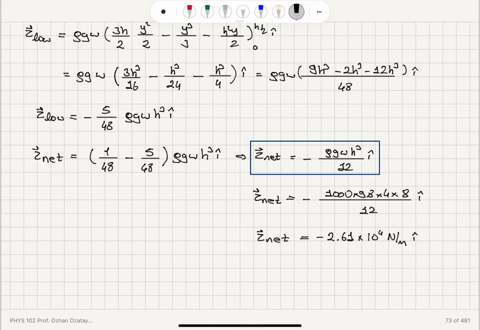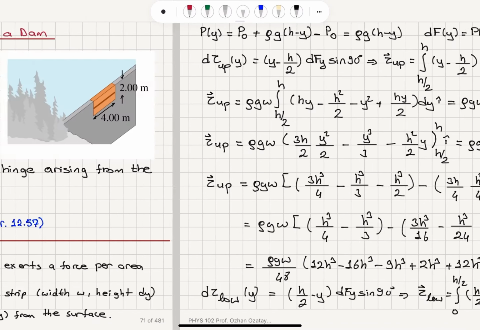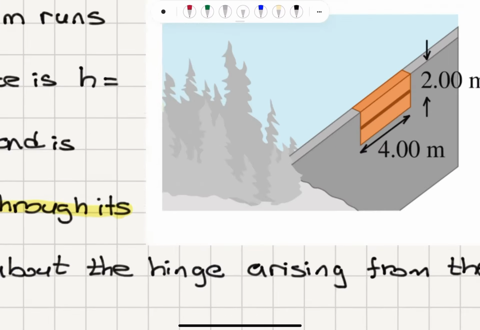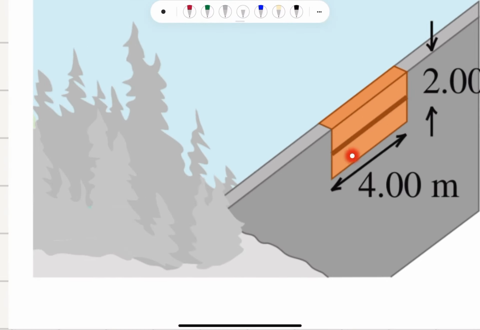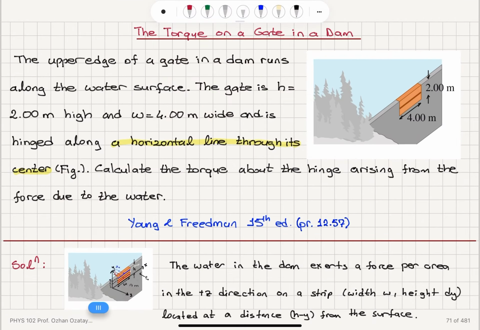So it's in minus I hat direction. Does that make sense? Because the pressure increases when I go below this surface, and that's going to apply R cross F a torque in the counterclockwise direction, and because this force is larger on this side than this side, the lower portion will win in this situation.